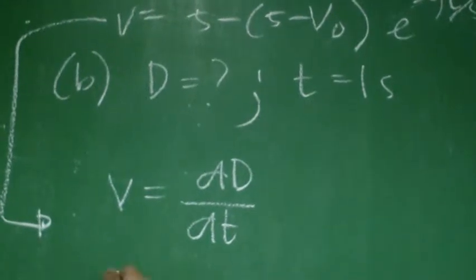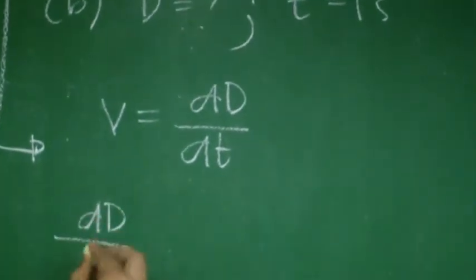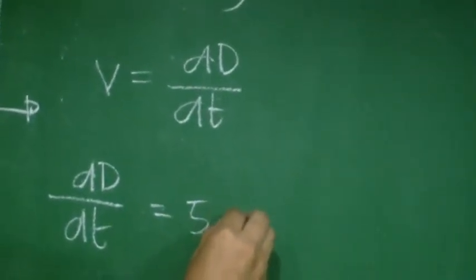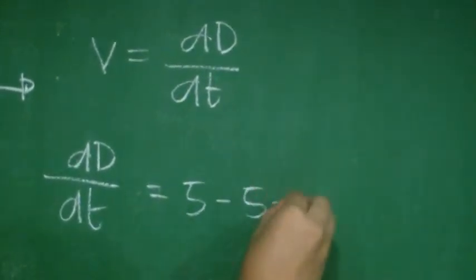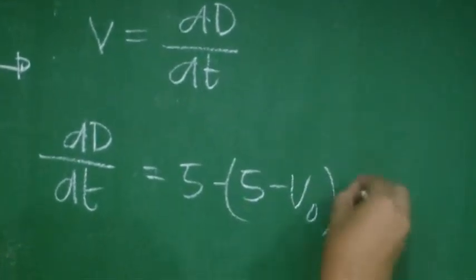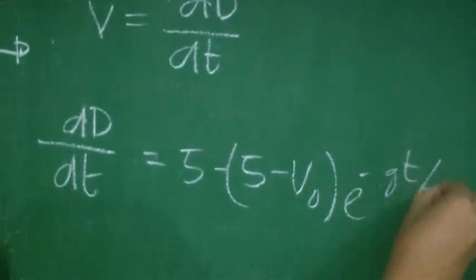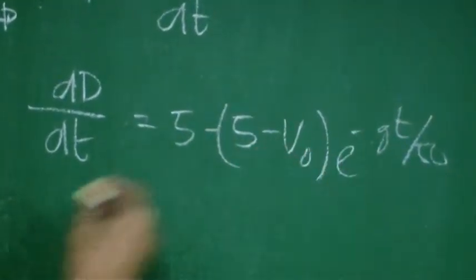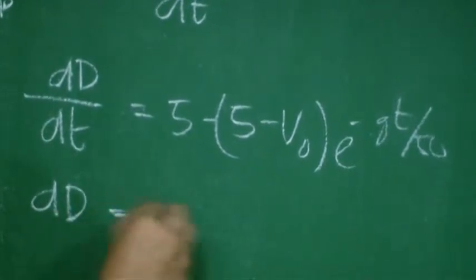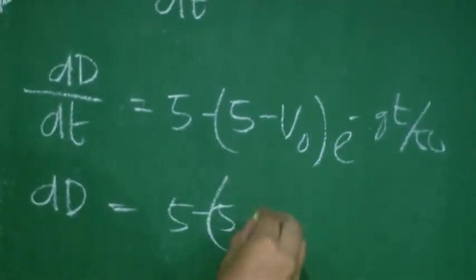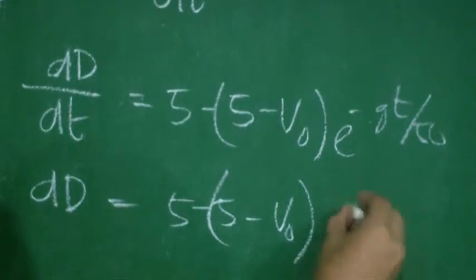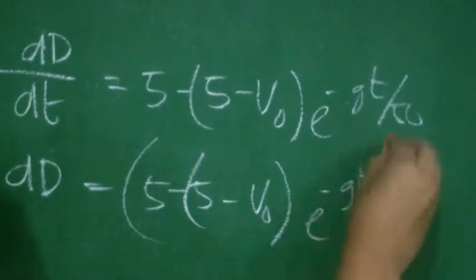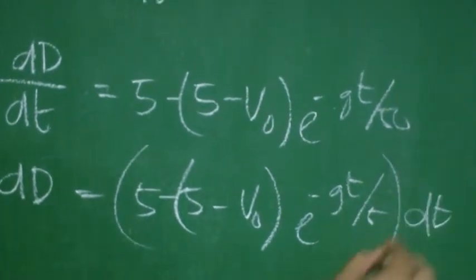So we have dd/dt is equal to 5 minus (5 minus V0) times e raised to negative gt over 50. Now, cross multiplying, we get dd is equal to 5 minus (5 minus V0) times e raised to negative gt over 50 times dt.